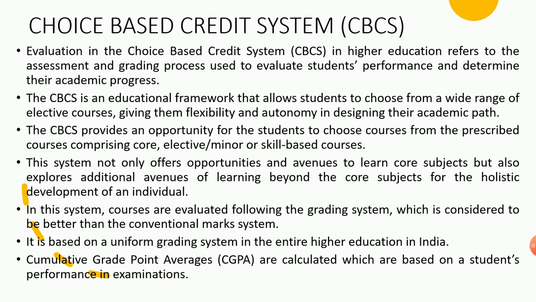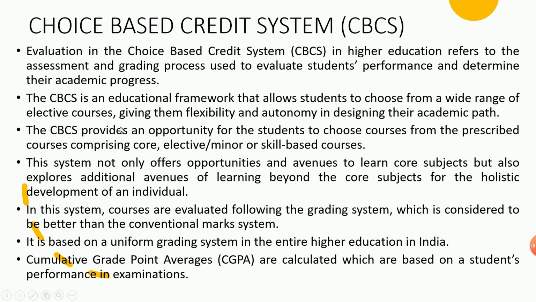Next is the choice based credit system in higher education. Actually we have two kinds of methods in the syllabus, I think. So the first one is the choice based credit system. CBCS is an evaluation process where assessment and grading evaluate student performance to determine their academic progress.